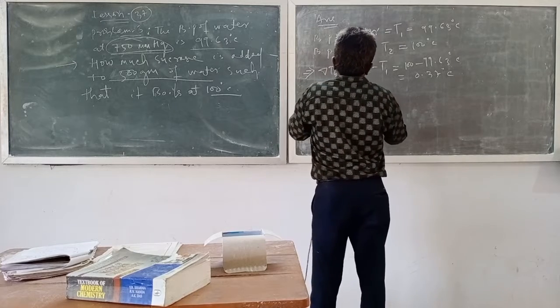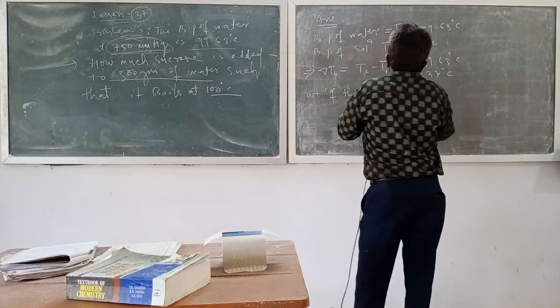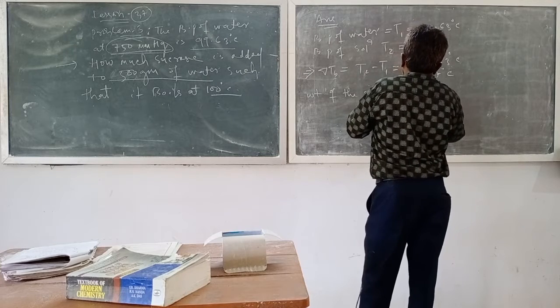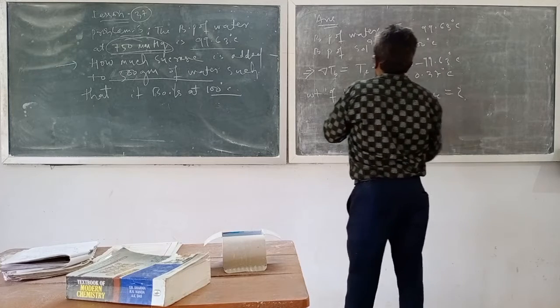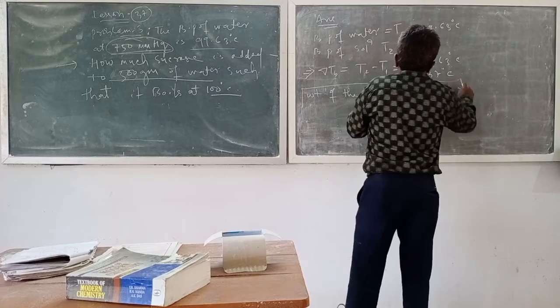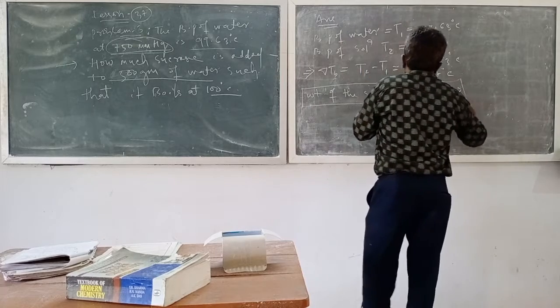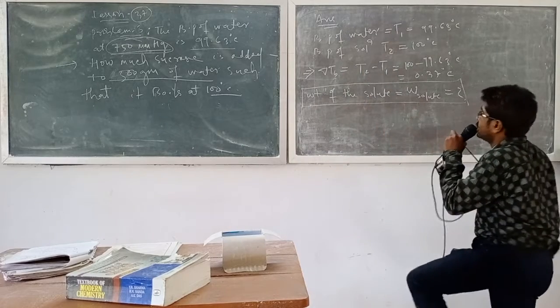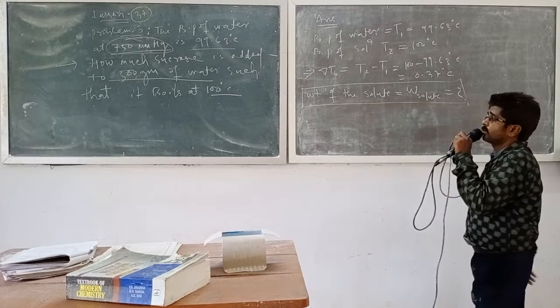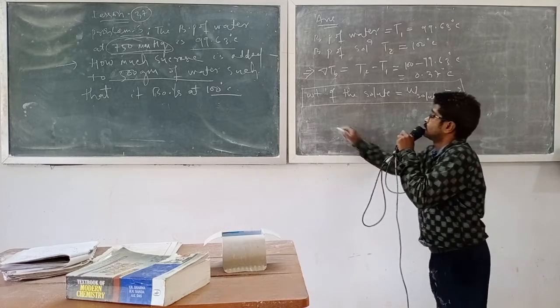Then the weight of the solute, W solute. We have to calculate this. We have to calculate the weight of the solute. It is the asking point of the problem.